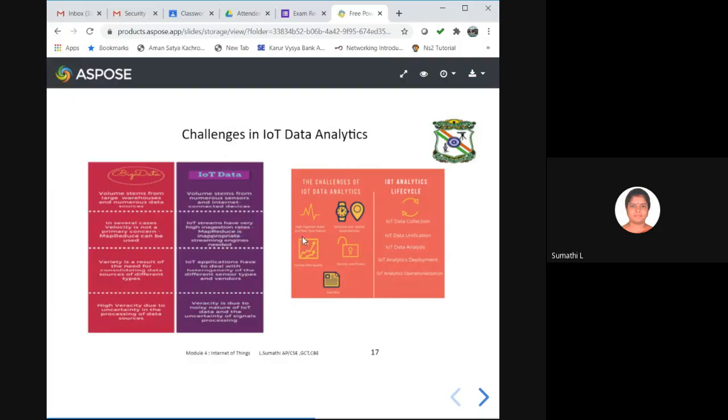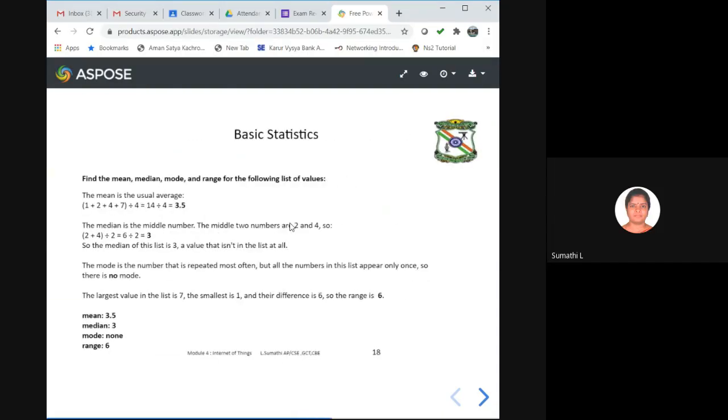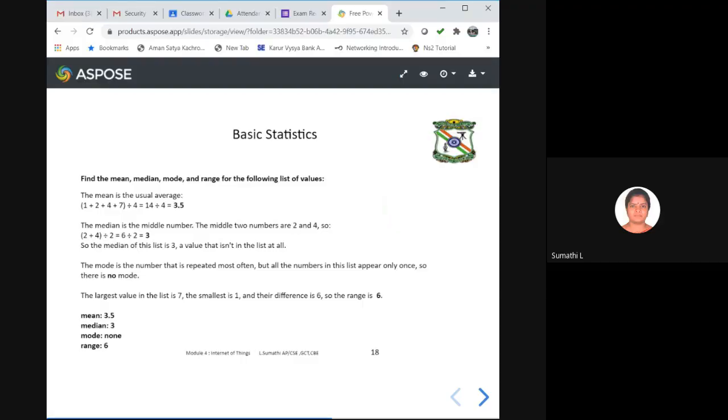I have to process it quickly and dynamically, and I have a variety of data. I have to consider the security of data. All these things are the challenges when I work with my IoT data analytics. Okay. With all these introductions, now I get into statistics. And today I am not going to touch linear regression.